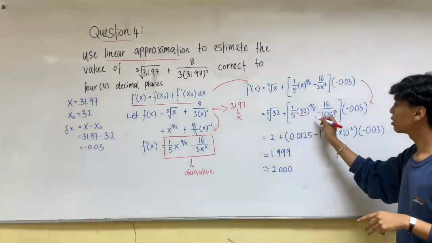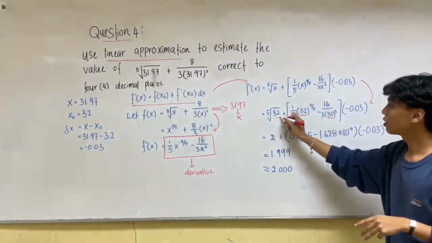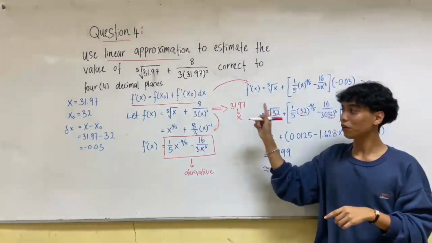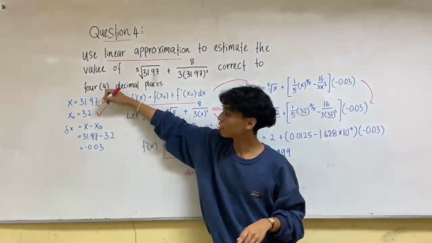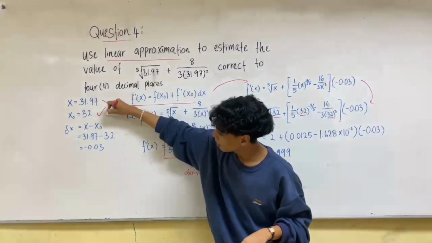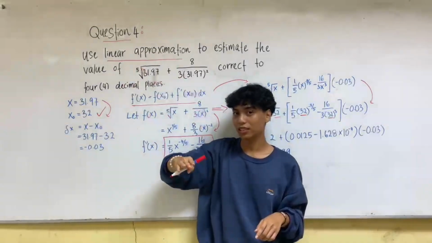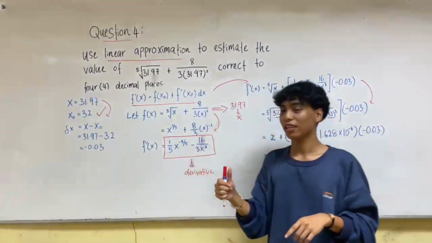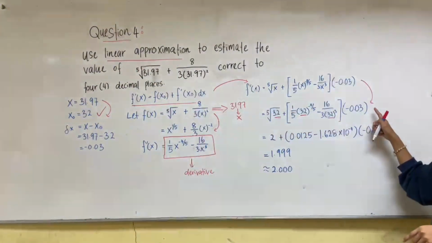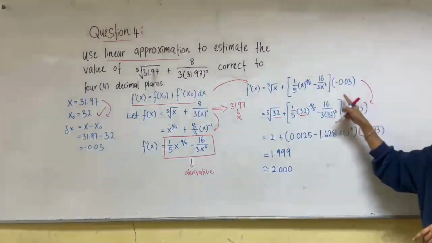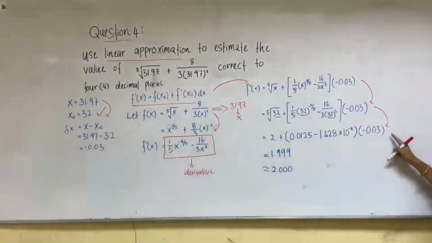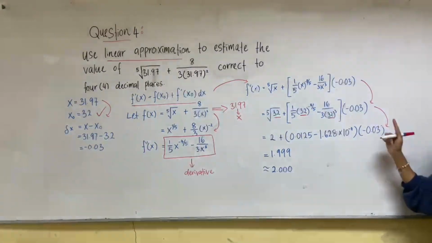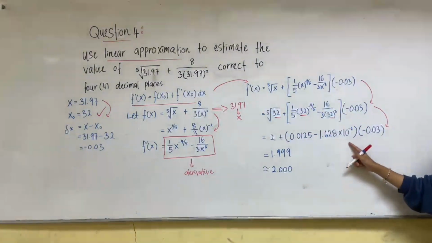And we substitute the 32. Why do we get 32? Because we choose the closer number to 31.97, so we get 32. Okay. Now we put the 32 in x, and we simplify and calculate the result.